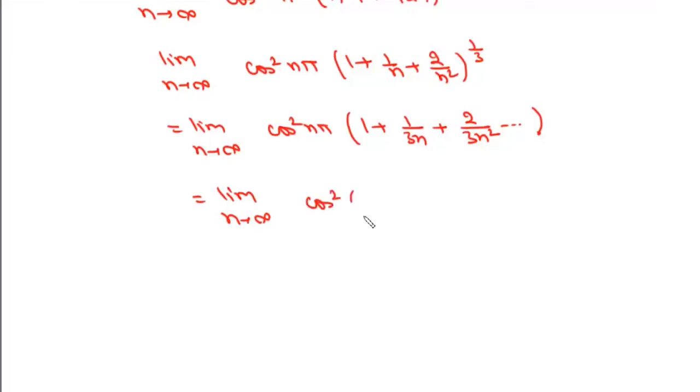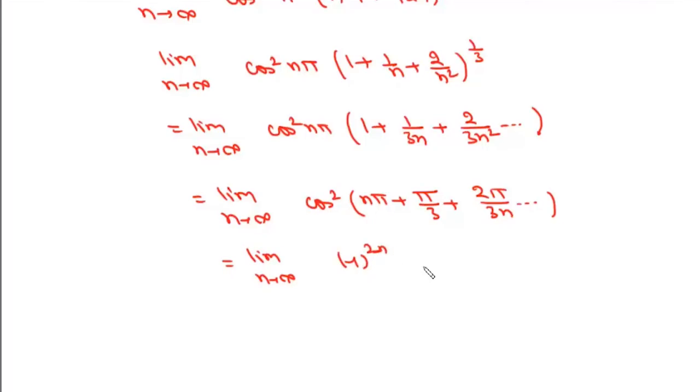Now this is cos square of n pi plus pi by 3 plus 2 pi by 3n. Now cos of n pi plus theta is minus 1 to the power n cos theta. So it will be this limit n tends to infinite minus 1 square to the power n, and then cos square of pi by 3 plus 2 pi by 3n.